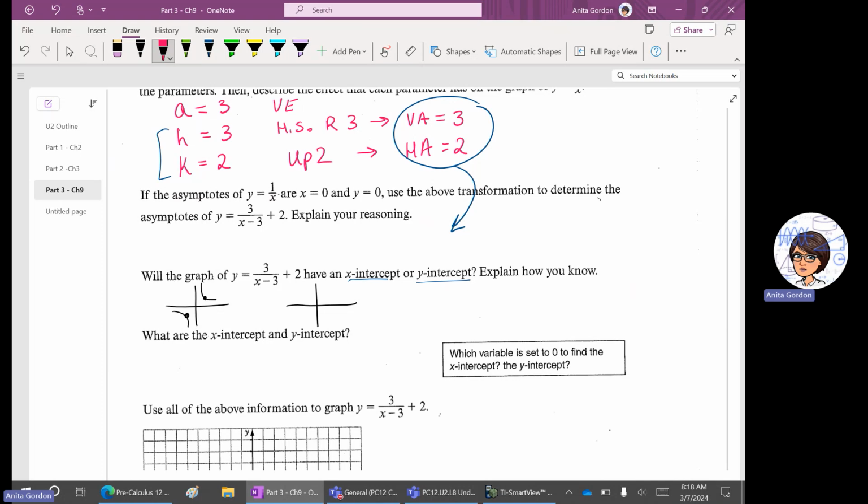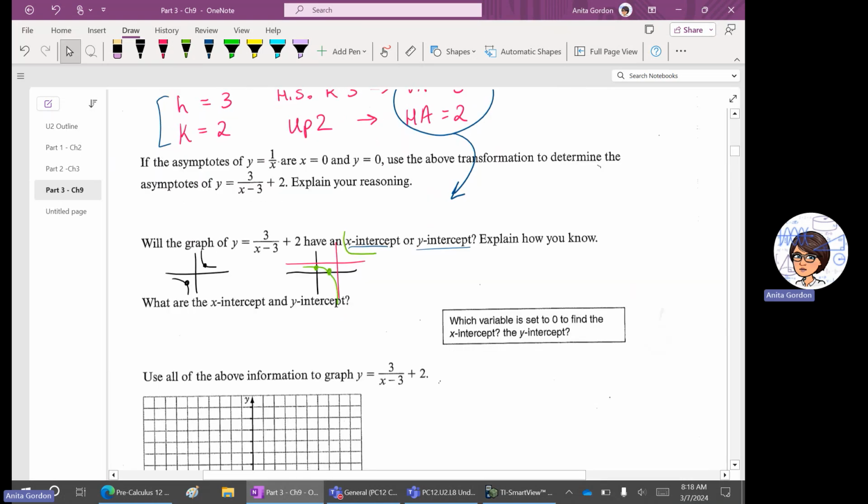I'm going to draw them in red. They have been shifted up 2 and to the right 3. So now the red represents the places that I cannot touch. So my graph will be somewhere over here and somewhere over here. Because we shifted our asymptotes, I'm going to cross over at this point and at this point.